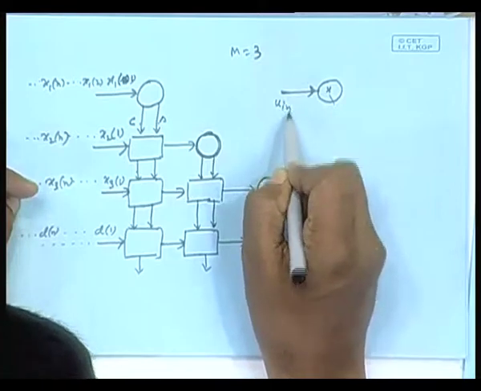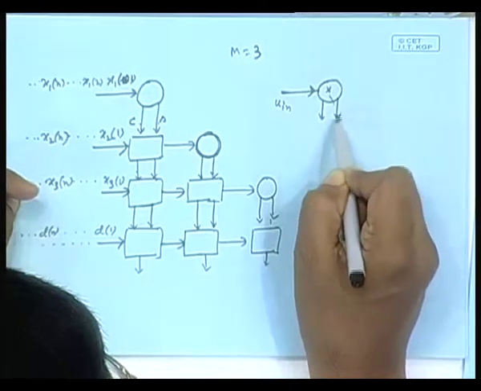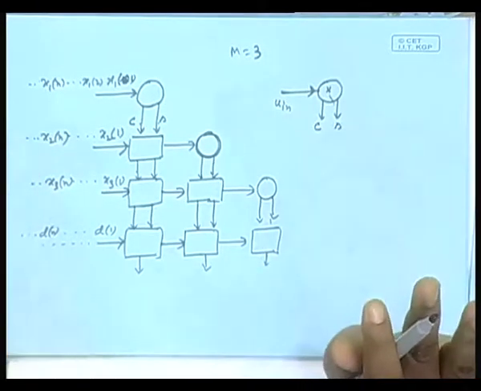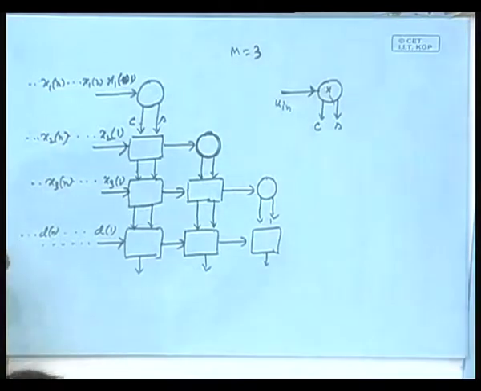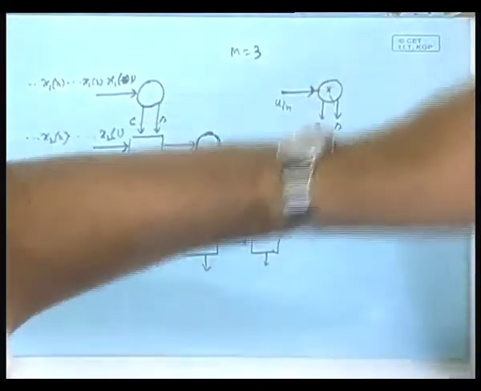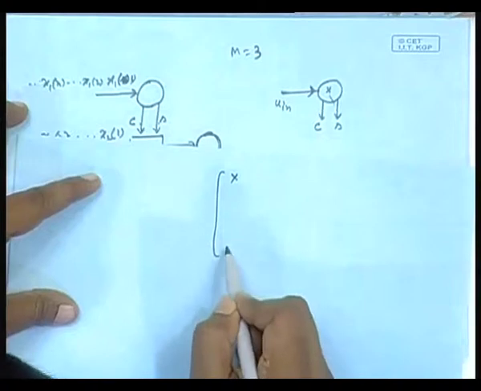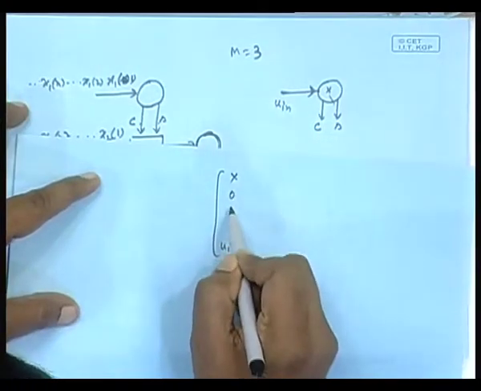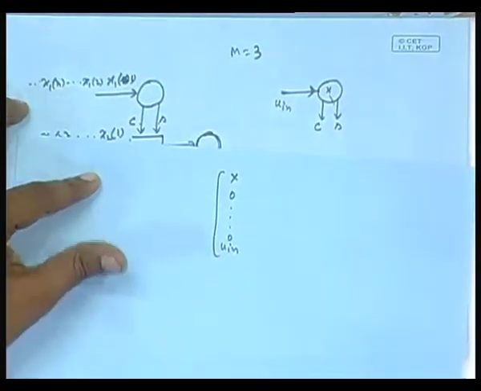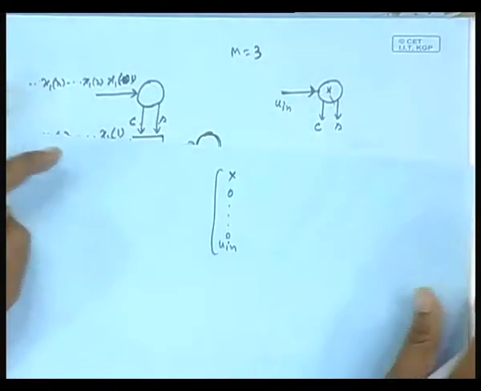Suppose it is taking u in, it will generate two quantities, C and S. How? Let us do some kind of analysis now. It is like this, x and u in. What it will do?